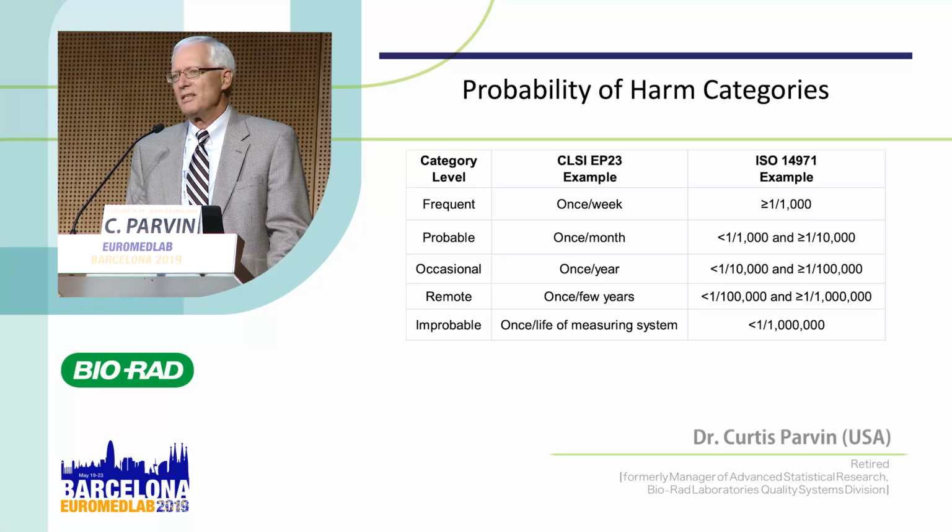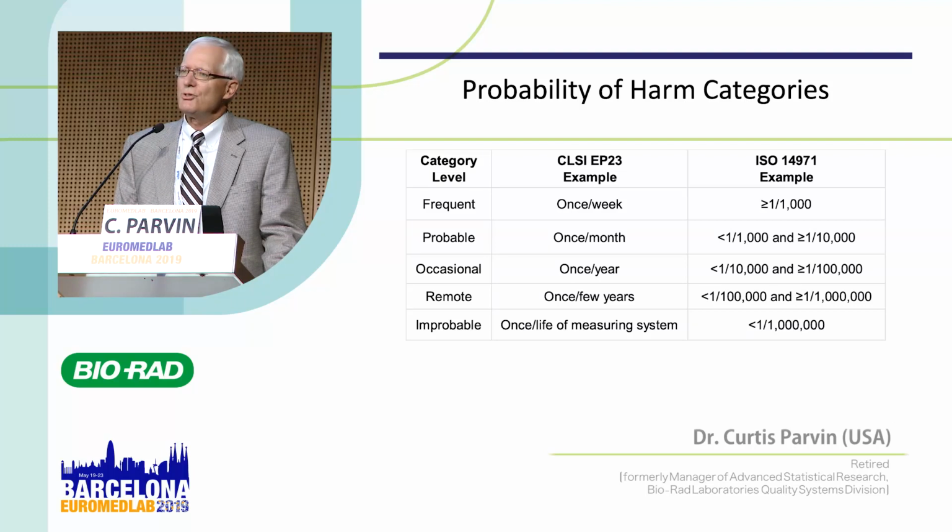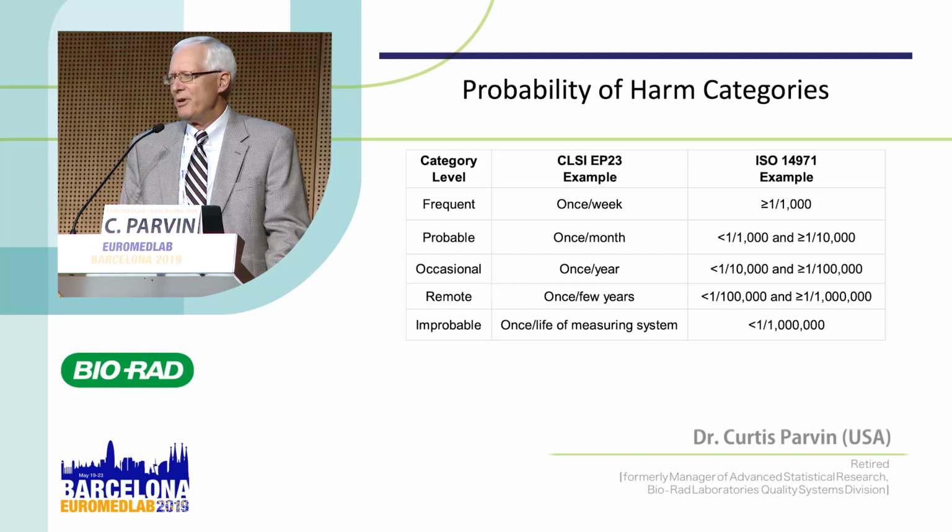Both CLSI EP23 and ISO 14971 give examples of those 5 categories and their meaning, shown here. For EP23, the categories are given as rates in time. So frequent means once a week. Improbable means once in the lifetime of the measuring system.